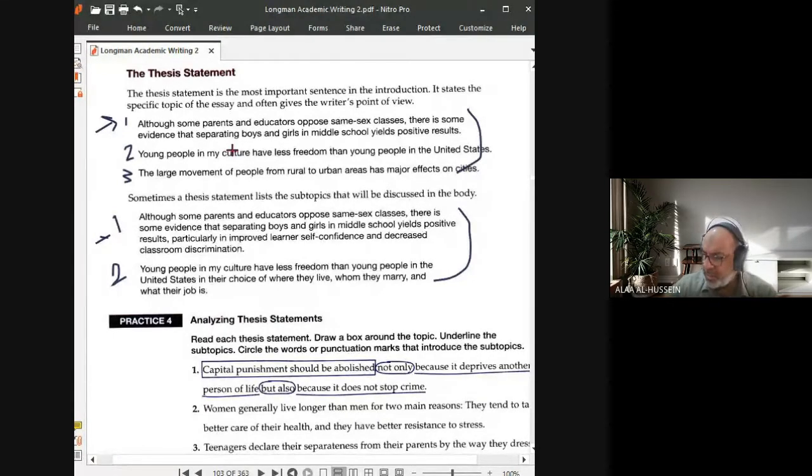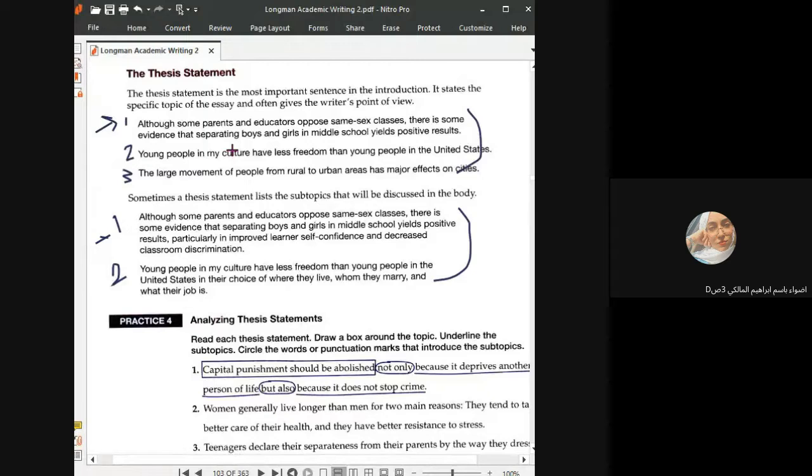Here, in this sentence, the writer talks about what? The writer talks about two groups of people. Who are they? Adwa, Basim. Yes, Doctor. In this statement, the model is specific.